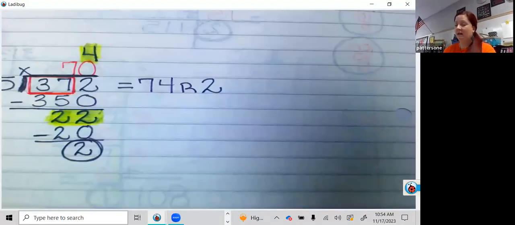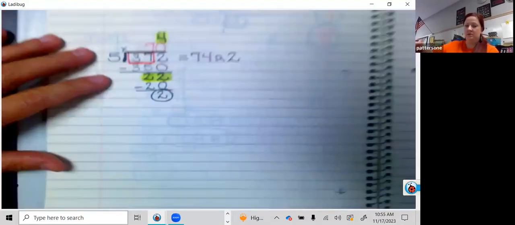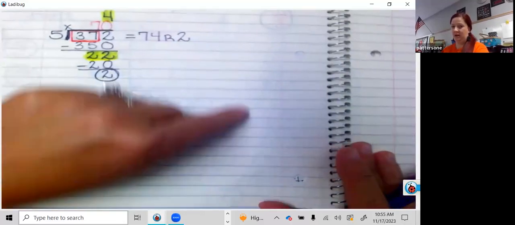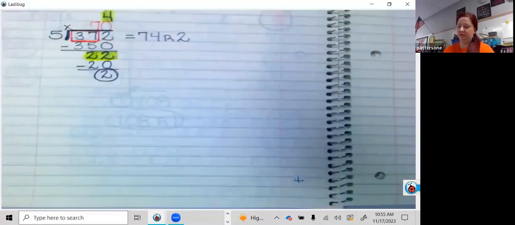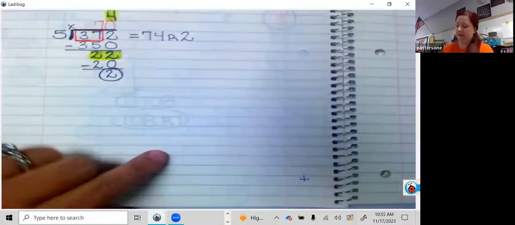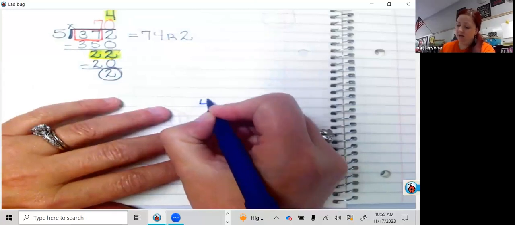I think I have enough room to maybe do one here so that I can stack up on top and below if I need to. So I'm going to come over in this big space here. And I'm going to write 4.